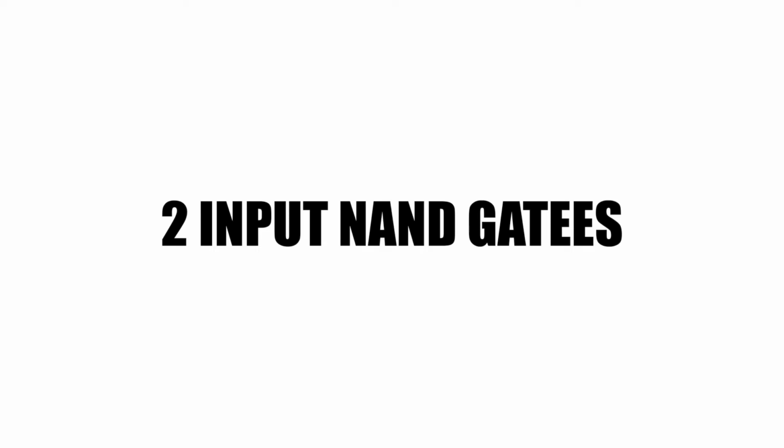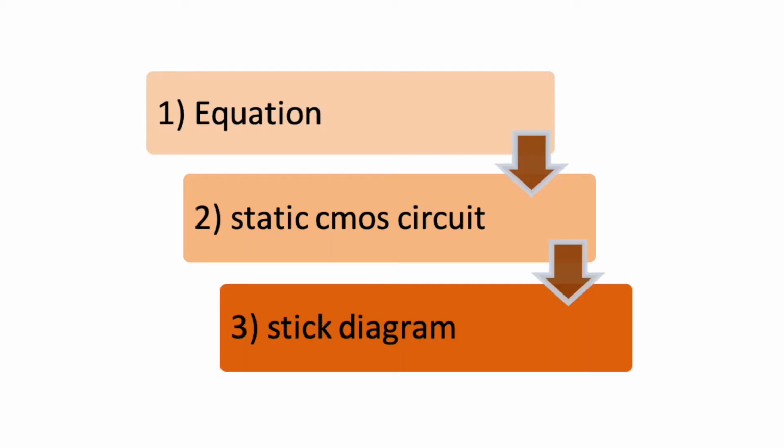Now, we are going to draw a stick diagram for a 2-input NAND gate. Before we draw the stick diagram, we must know: first, the equation; second, the static CMOS circuit; third, the stick diagram.